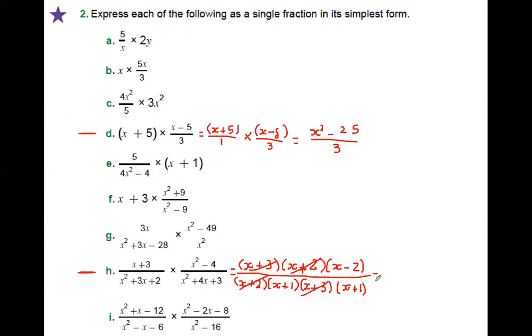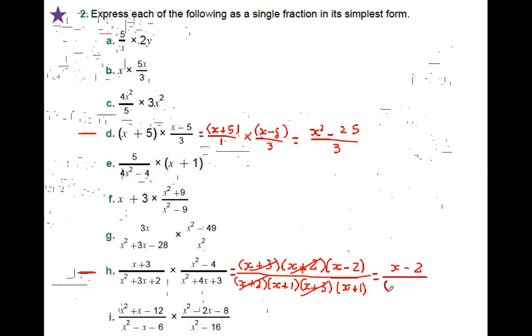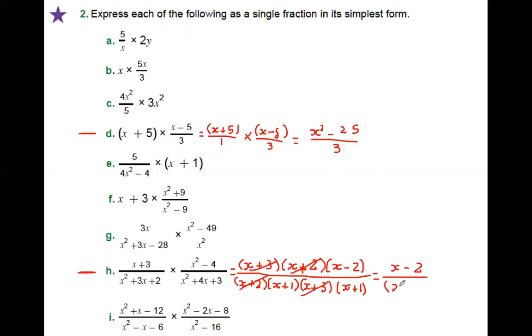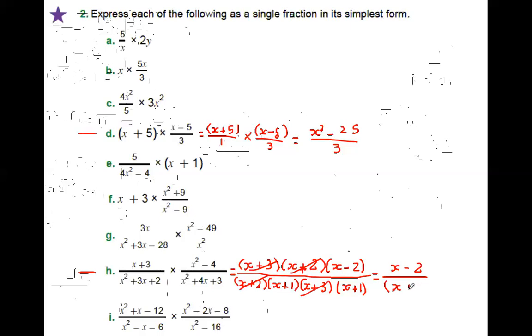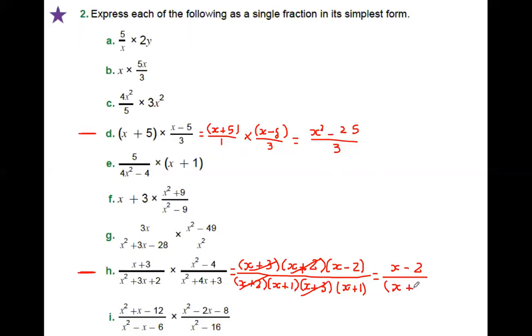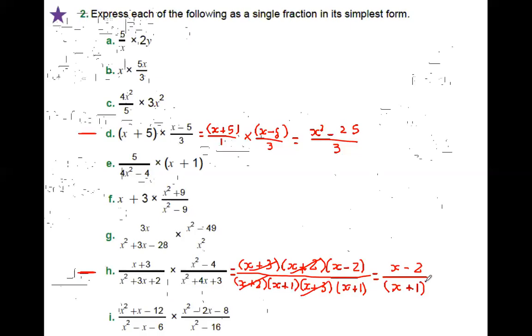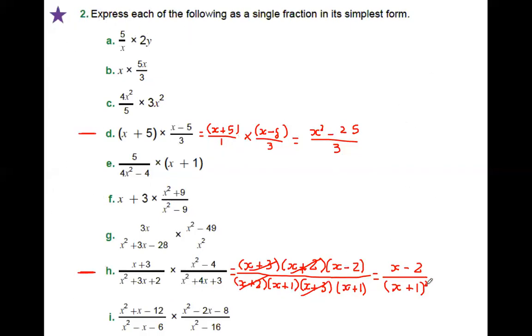And I end up with just x minus 2 at the top, divided by x plus 1 times x plus 1 times x plus 1, which is just x plus 1 squared. You don't need to do x squared plus 2x plus 1. You can just say x plus 1 squared. That's the simplest form that you can give.